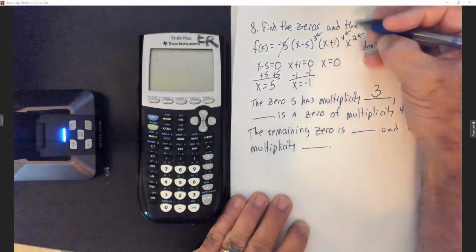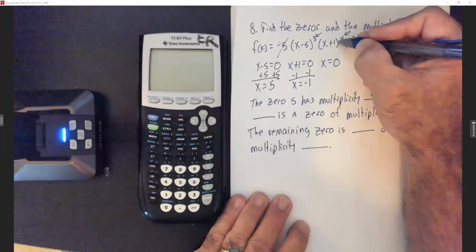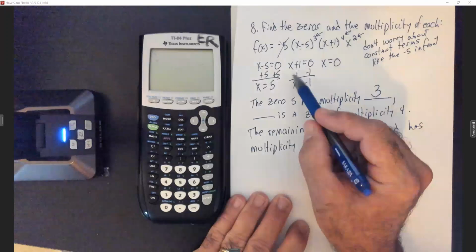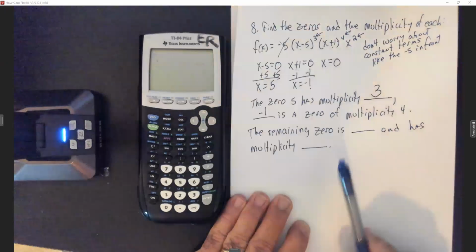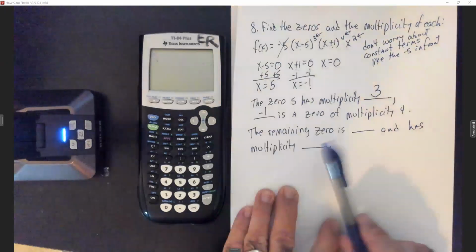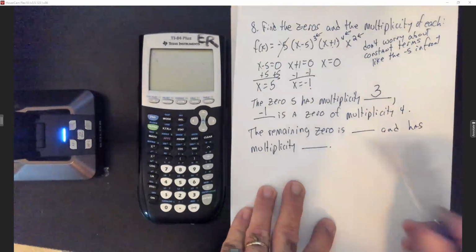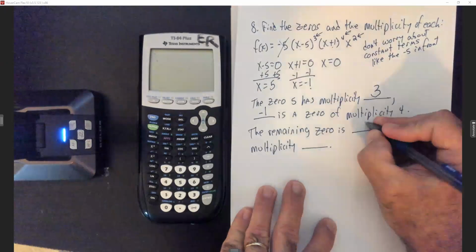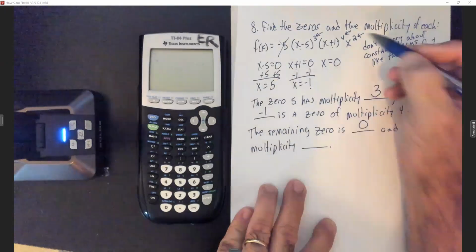Well, my multiplicity 4 was behind the x plus 1 parentheses, and the 0 I got from doing x plus 1 equals 0 was negative 1. So negative 1 is the 0 of multiplicity 4. Then it says the remaining 0 is blank. Well, the remaining 0 is 0, and the 0 had a multiplicity of 2.